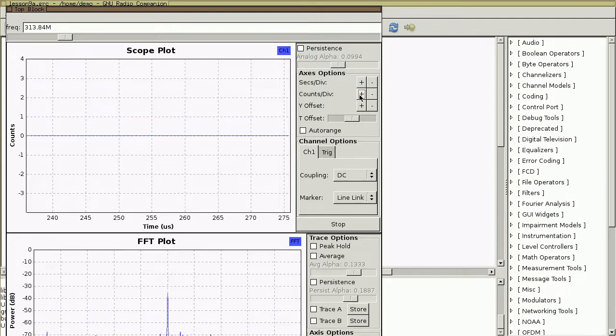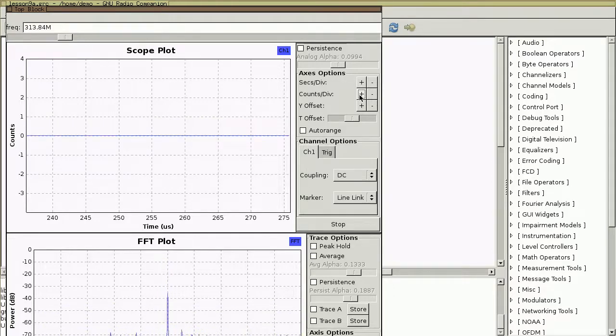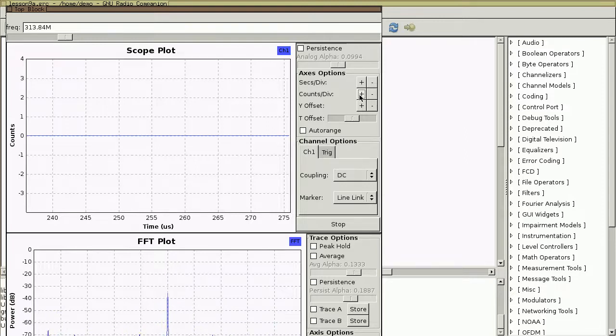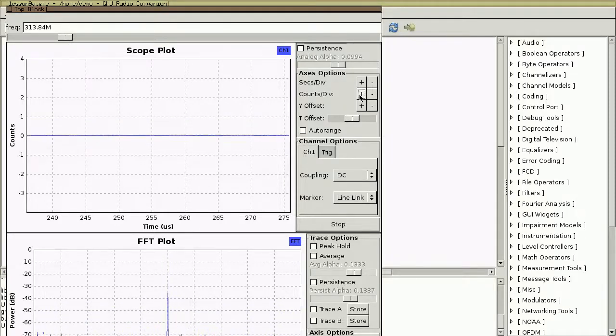It's showing that there is a higher amplitude while there is a transmission. But during that transmission, the amplitude stays about the same, because there isn't any information being carried in the amplitude. The information, as we've already observed from the FFT plot, is probably being carried in the frequency.